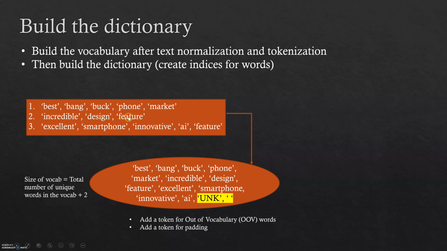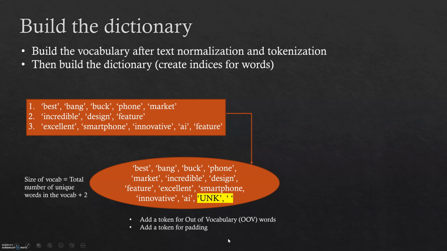So this input has to be padded with zeros, as an example, to make it equal to the size of the other inputs. Wherever we do the padding, that's where we represent the padding with the empty string token.